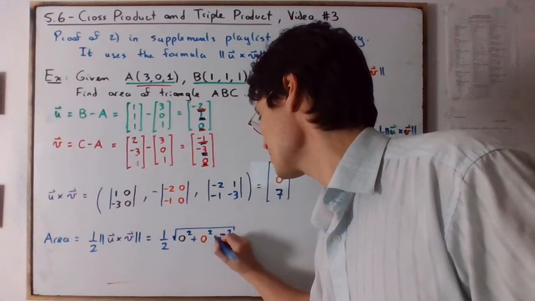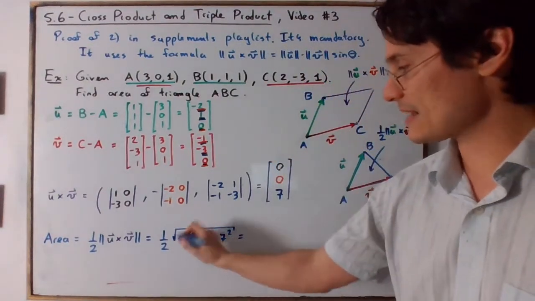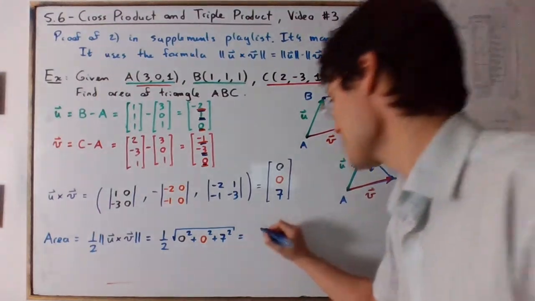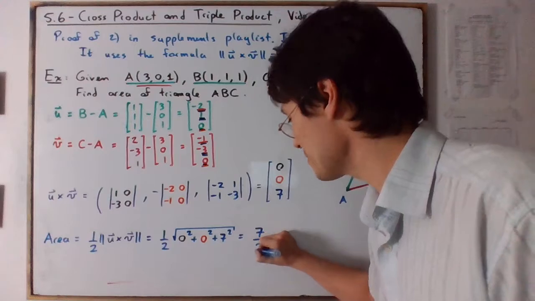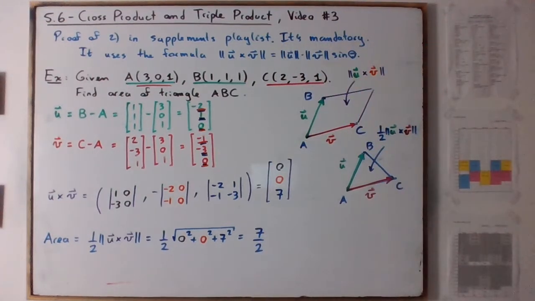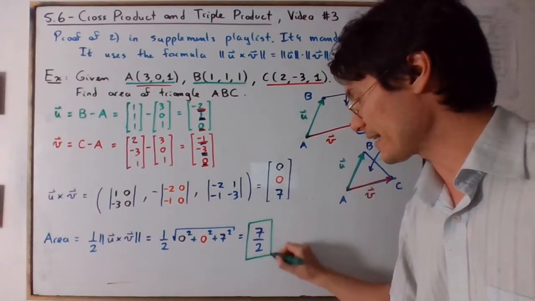What turns out is that you have the square root of 7 squared, so it's going to give just 7. So the final answer is simply going to be 7 over 2. If you want to write unit squared, you're certainly allowed, but otherwise, this is the final answer.